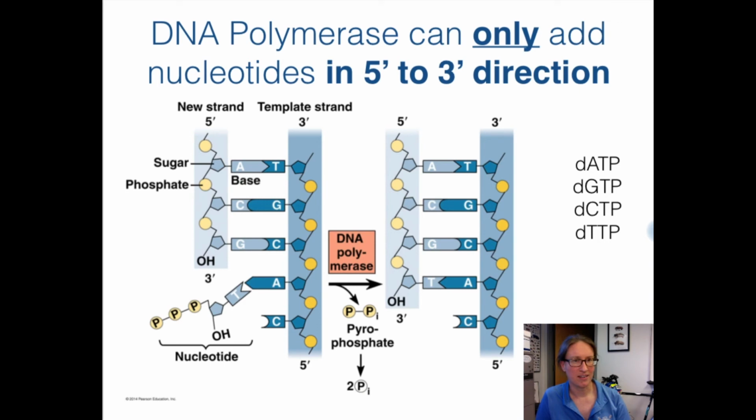Just to reiterate, again, DNA polymerase can only add nucleotides in the 5' to 3' direction. And actually, the nucleotides that DNA polymerase adds come with a triphosphate group on them. That might remind you of something, perhaps adenosine triphosphate, our major source of energy transfer in cells.